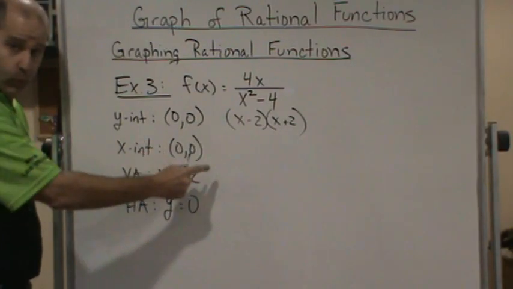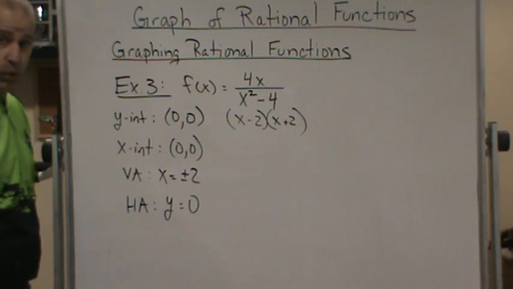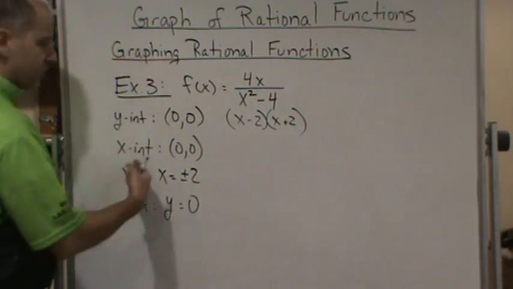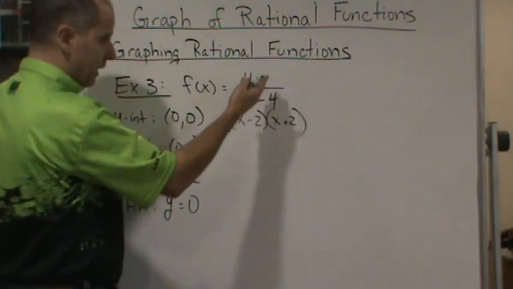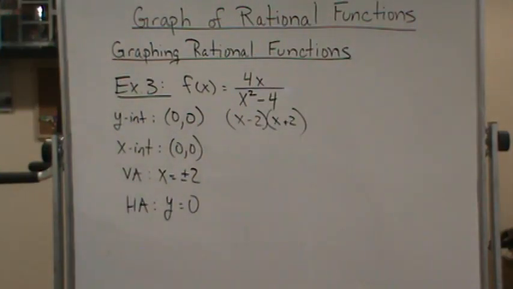So we already know where it crosses the horizontal asymptote. The good news is that's the only place it crosses, because we only got one solution, x equals 0.